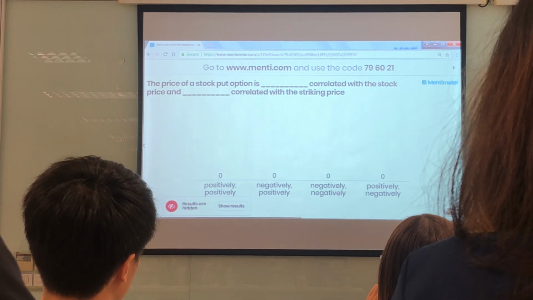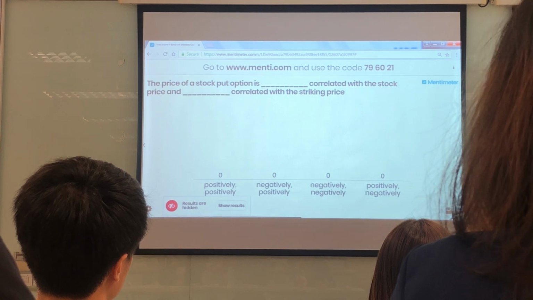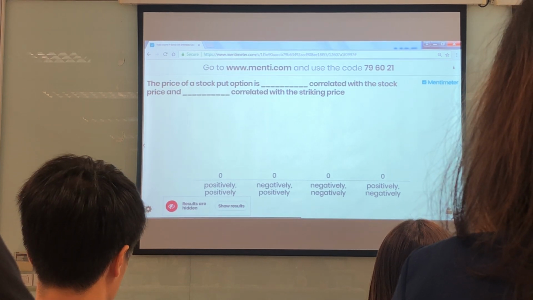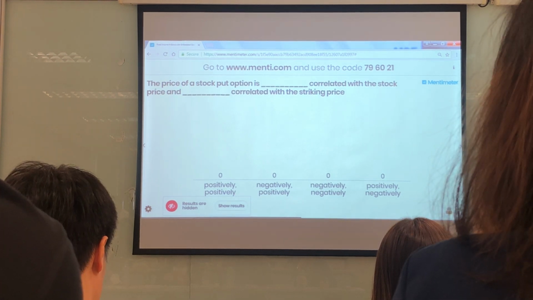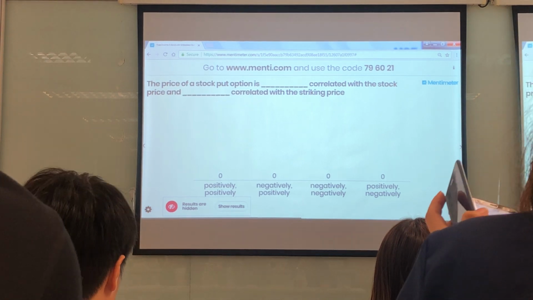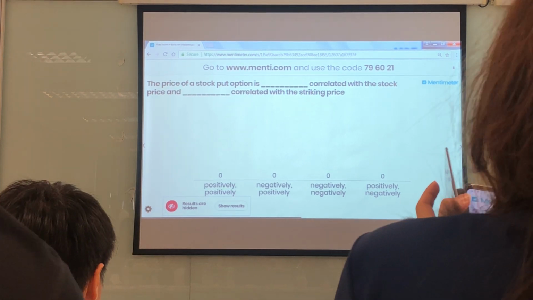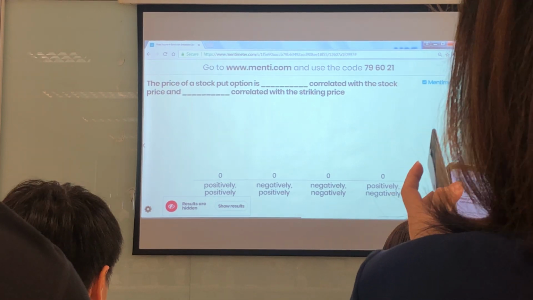The striking price, strike price, or exercise price. You can look at the graph as well to answer this question. But for the strike price, let's think carefully. But for the stock price, you can look at the graph.